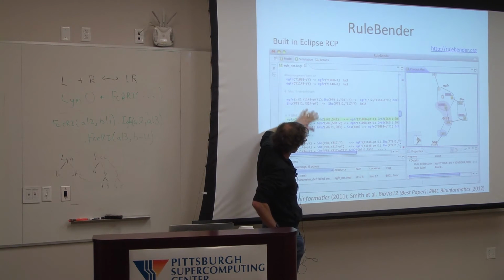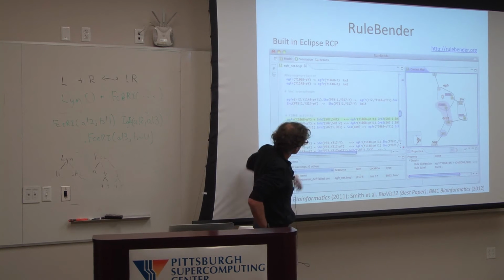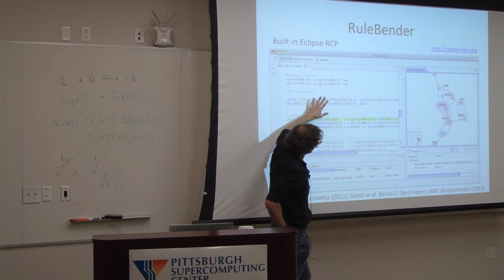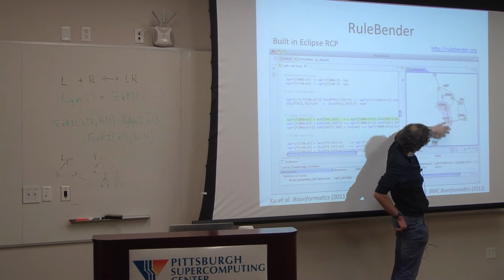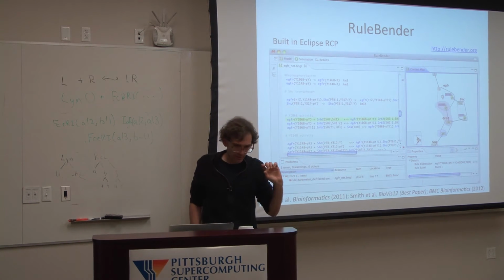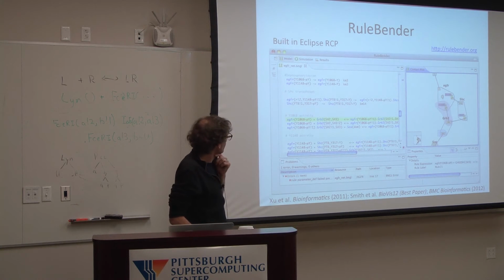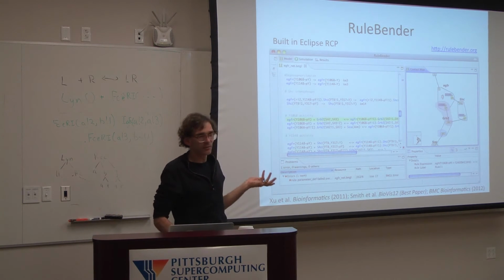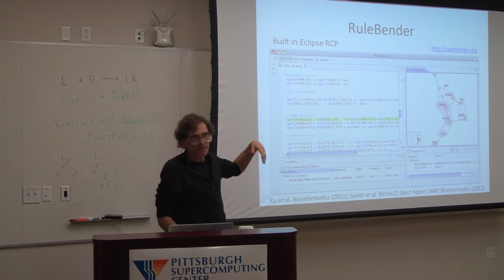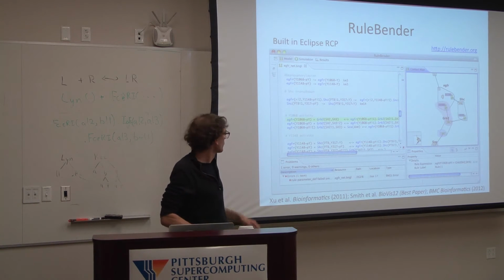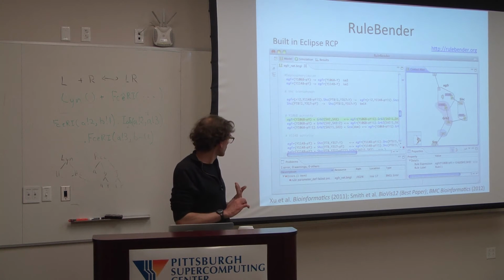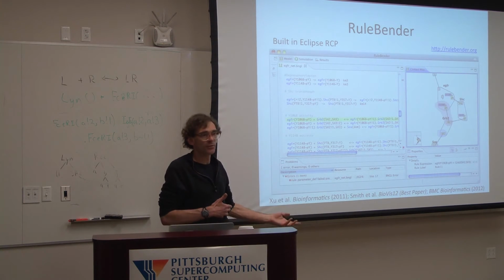It helps you with syntax highlighting to see the syntax of your model, and then you can visualize the model components through the contact map that's shown here, and then run simulations and view the output directly within the interface without having to go to external tools. It's also very easy to take a model that you develop in the RuleBender interface, simulate that from the command line with BioNetGen, or export it to MCell, MDL, SBML, MATLAB, and so forth, and then use other tools.